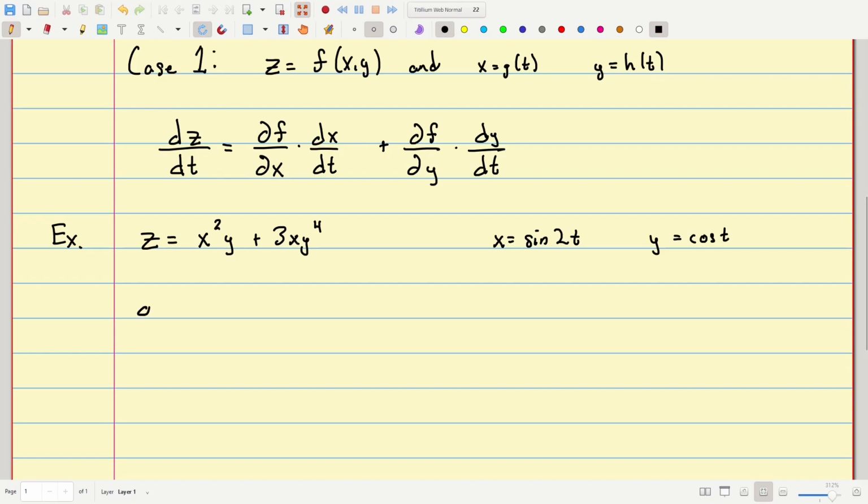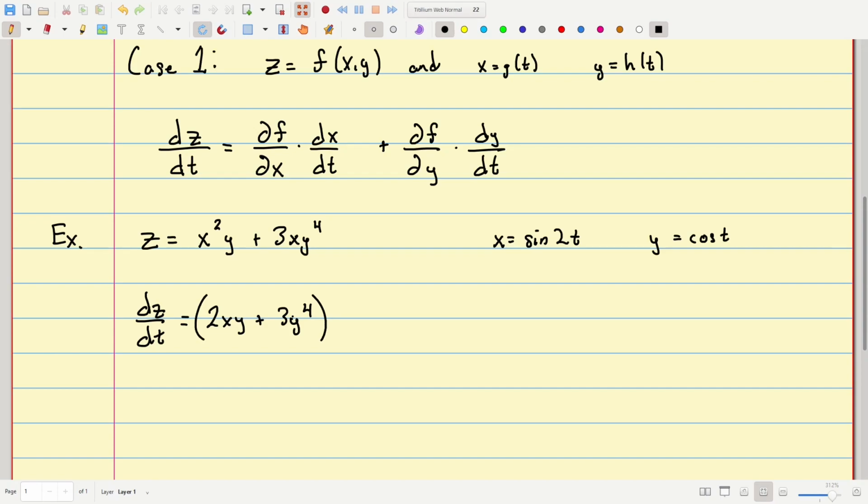And so dz dt is equal to the derivative of f with respect to x. So this is going to be 2xy plus 3y to the fourth power, right? This is all in parentheses, okay?